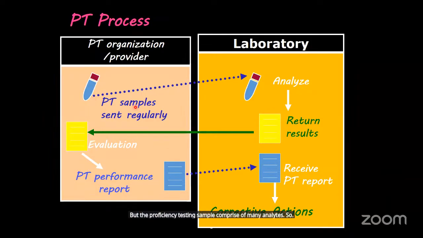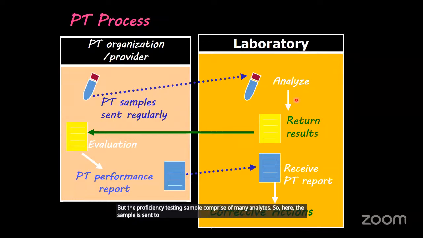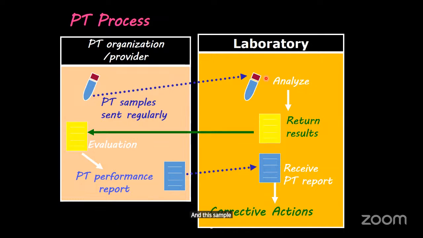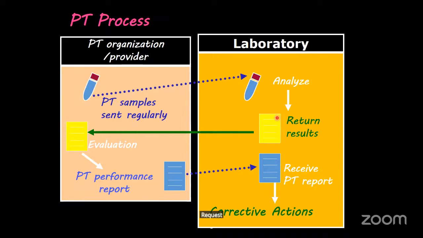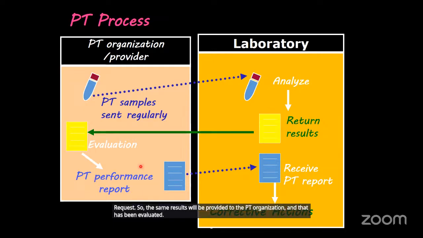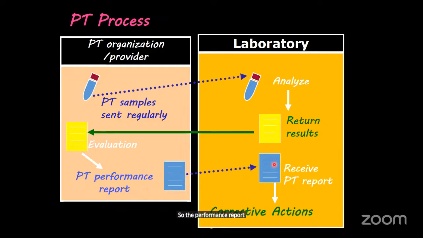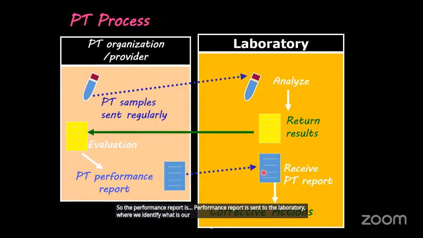The sample is sent to multiple laboratories at a time and analyzed. After analysis, the results obtained by the laboratory as requested are provided to the PT organization and evaluated. The performance report is sent to the laboratory, where we identify our performance level.